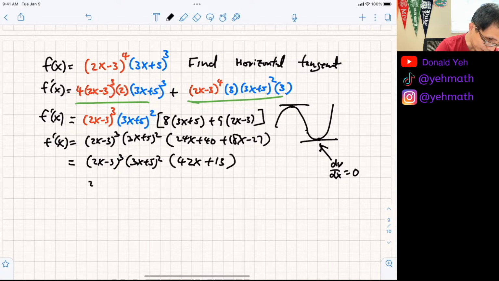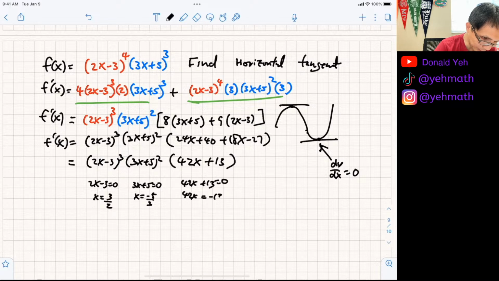So I'm going to set each one equal to 0. So x equals negative 5 over 3. 42x plus 13 equals 0, so 42x equals negative 13, and x equals negative 13 over 42.